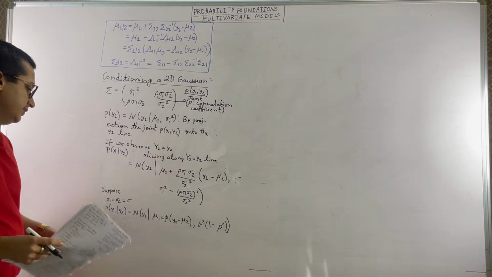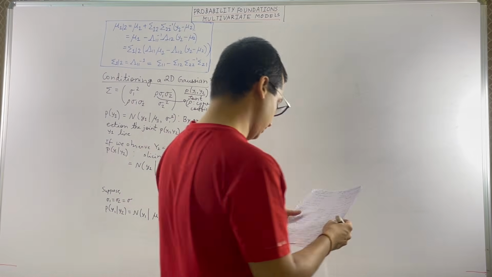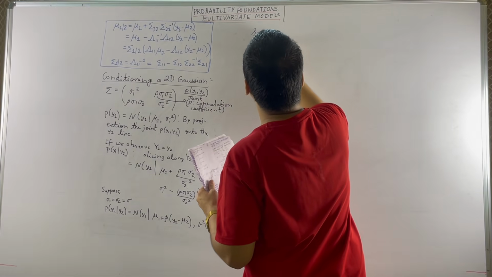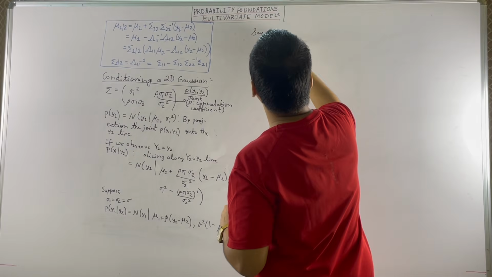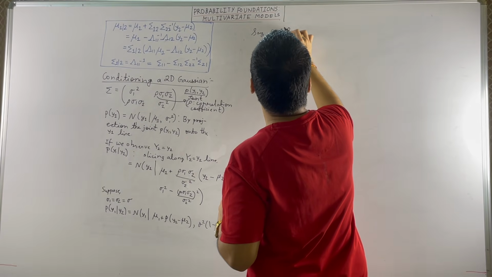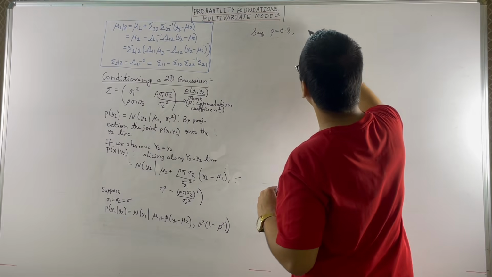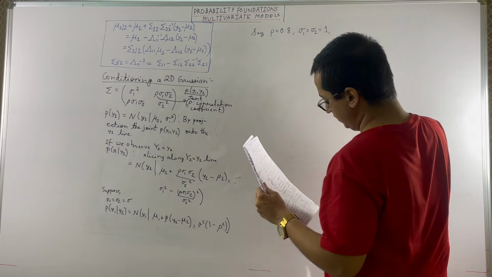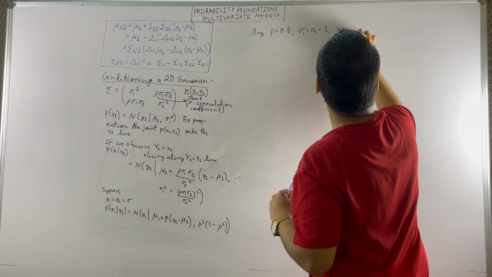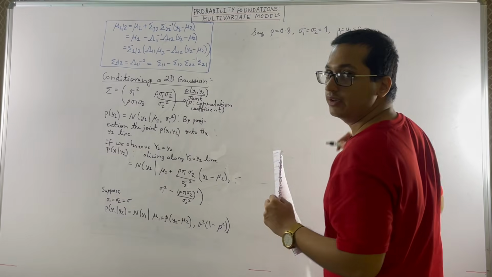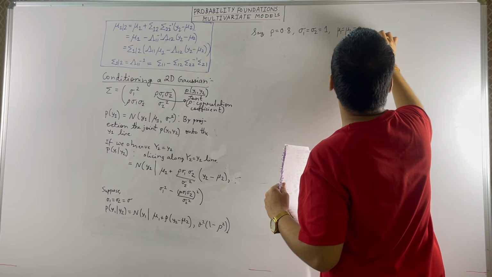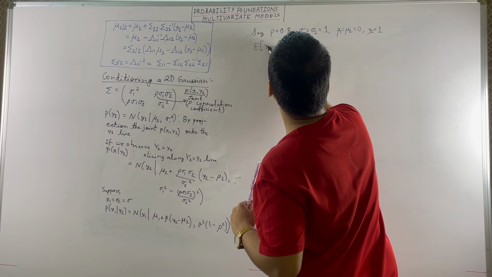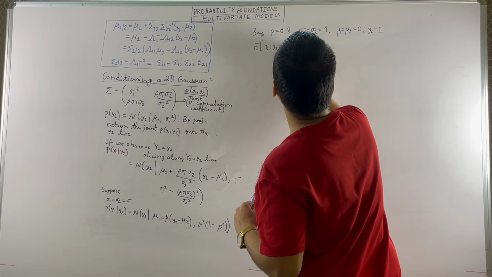Now see the interesting thing. Let us take the case that rho is 0.8, and let's say that sigma 1 and sigma 2 are 1 and the means are 0, and let's say y2 is 1. If y2 is 1, can you tell me what is the expected value for y1 given y2 equal to 1?